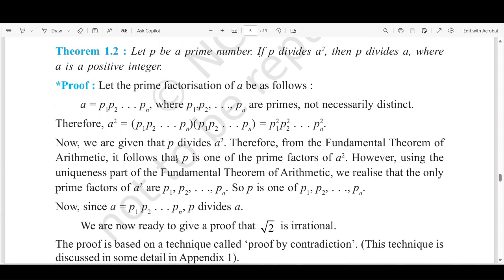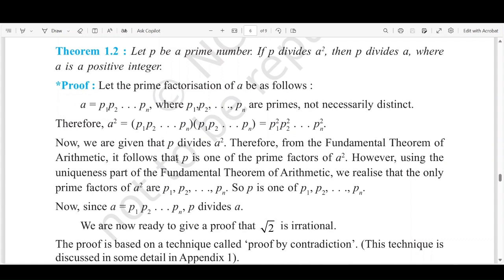Suppose you are given a positive integer, say a, whether it is a prime or a composite number, we can apply the fundamental theorem of arithmetic and we can write the number as the product of prime factors in a unique way. So a can be written as a product of p1, p2, etc. pn, where p1, p2 are prime numbers, and not necessarily distinct. So repetition can also be there. They have also represented a square using these primes such that p1 square into p2 square, etc. pn square.